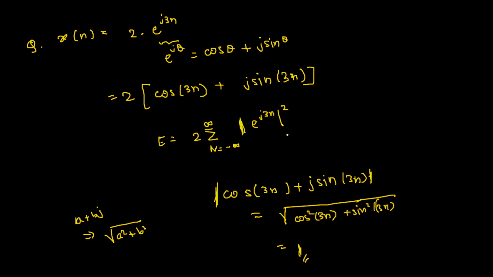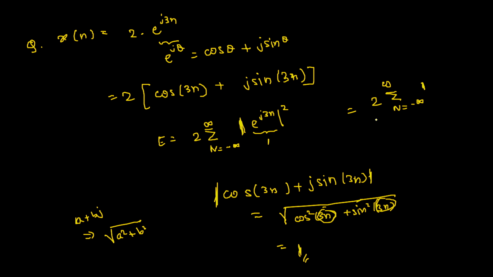So the important thing here is magnitude of e to the power j into anything will always give us 1 because cos square plus sine square, regardless of what is in the bracket, will always give us 1. So we can conclude that the magnitude part here is 1, but we have 2 into summation n is equal to minus infinity to infinity of 1.